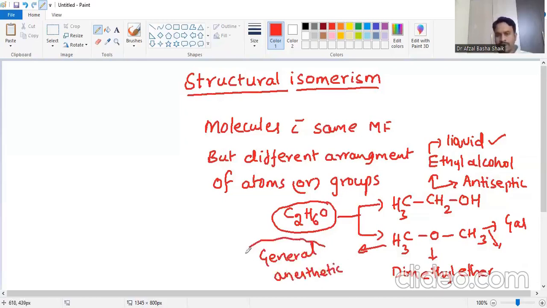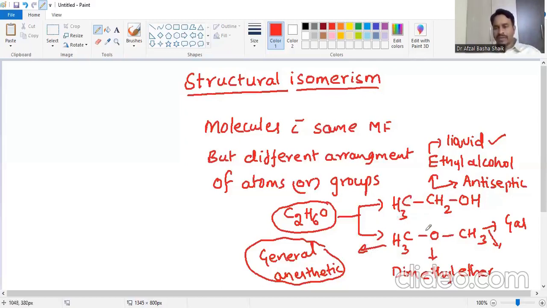So always remember a basic logic in medicinal chemistry: molecules which have an ethereal linkage are used as anesthetics. Ethers generally have general anesthetic property where they can depress the CNS. So the point is clear.